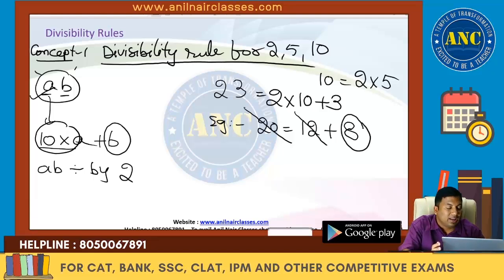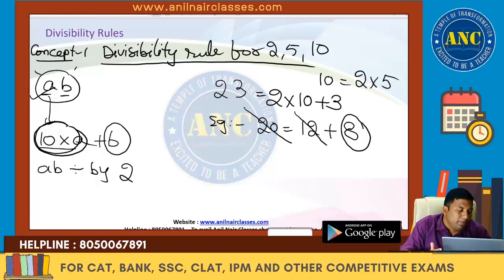Again I am repeating, if AB is divisible by 2, any number divisible by 2 is called an even number. That means if AB is an even number, 10 into A, any number multiplied by 10, 10 is nothing but 2 into 5, that is also divisible by 2. AB is divisible by 2, 10A is divisible by 2, B should also be divisible by 2.